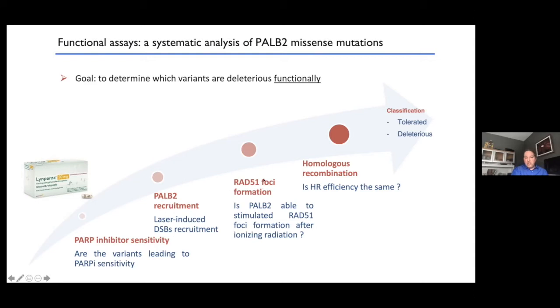We also look at Rad51 foci formation and also homologous recombination using a CRISPR-Cas assay that monitors very well homologous recombination in cellulo. So the overall goal of this pipeline is to be able to classify variants either as tolerated or deleterious.